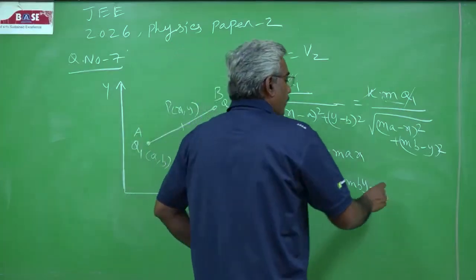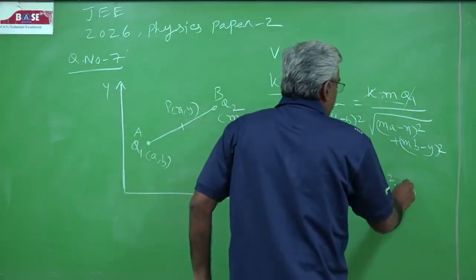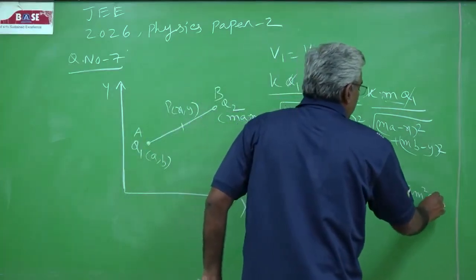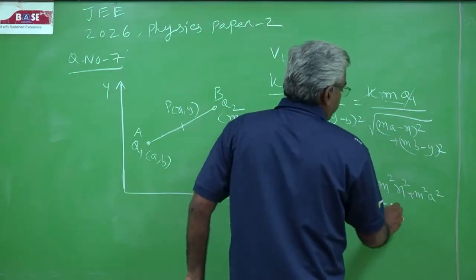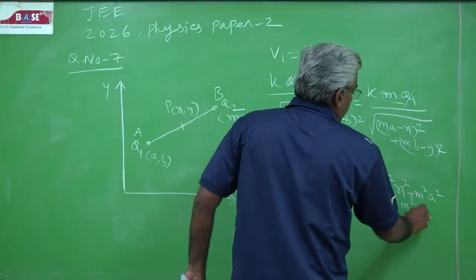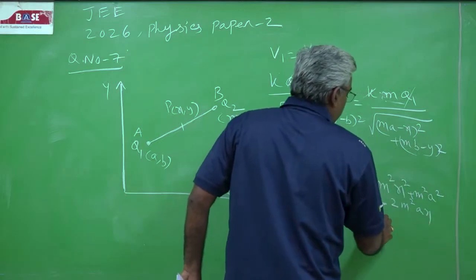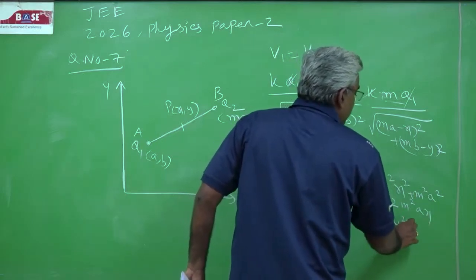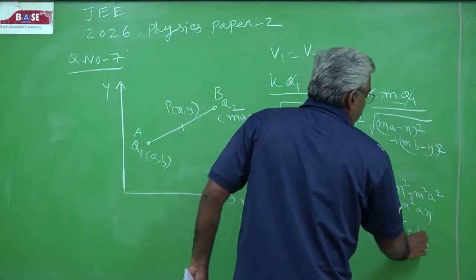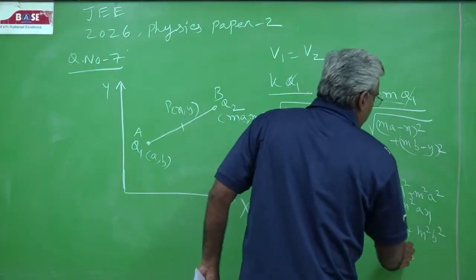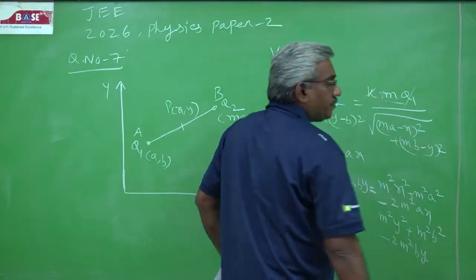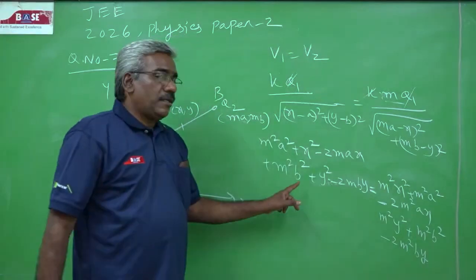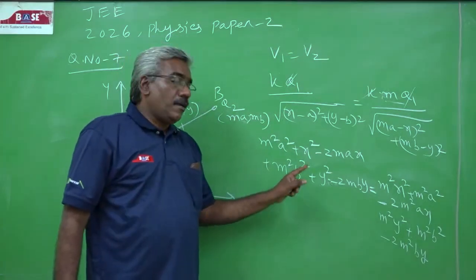So this will become m square x square plus m square a square minus 2 m square ax. Similarly, m square y square plus m square b square minus 2 m square by. Okay, so keep this equation like this.